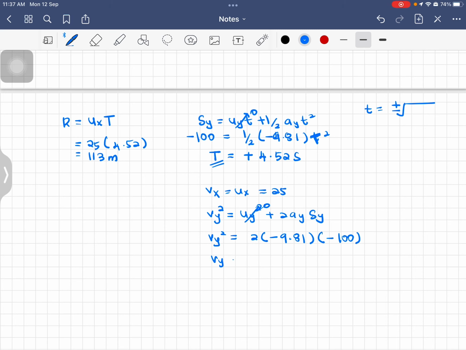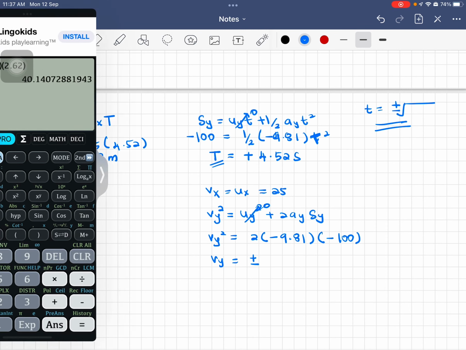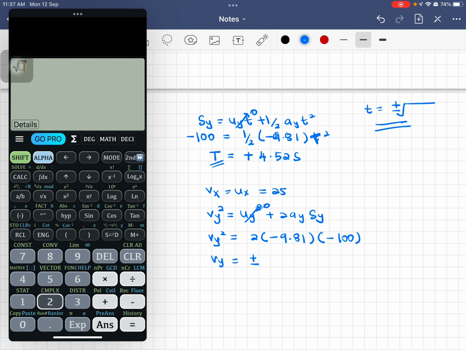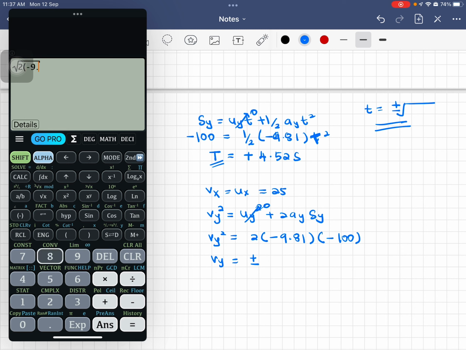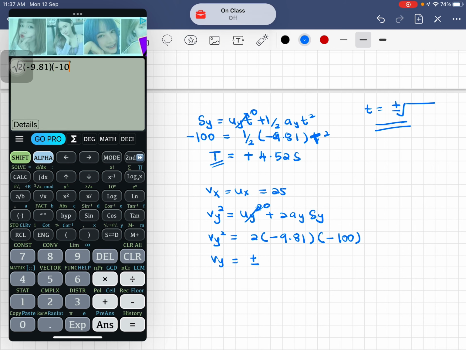So my Vy should be plus minus because same as the situation of T tadi. Plus minus something like let's look at the calculators. You will have square root of 2 times negative 9.81 darab dengan negative 100. So I got 44.28 meter per second.